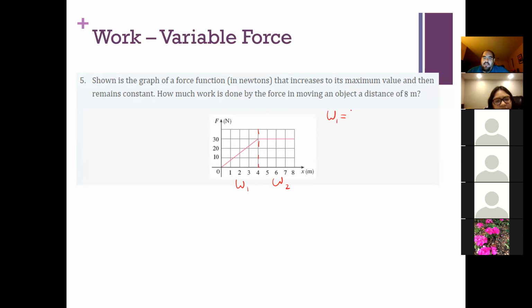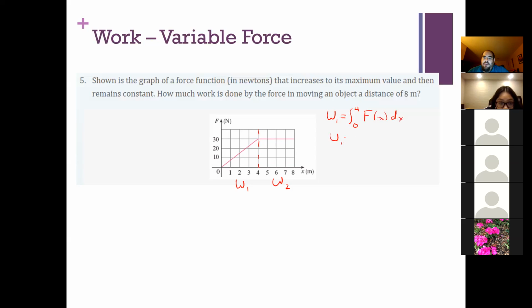Okay, so let's set up the integral for work 1. What should my limits of integration be? 0 to 4. And then I want to integrate f of x dx.